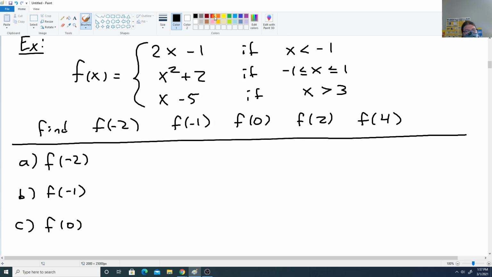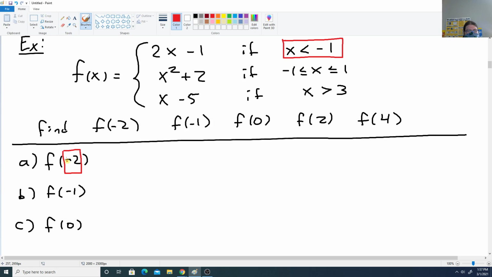What we do is we have to go through and look at each of these inequalities, and we have to see which inequality is true for the input number here. So only one of these inequalities will be true at the same time. So when I have -2, -2 is less than -1.